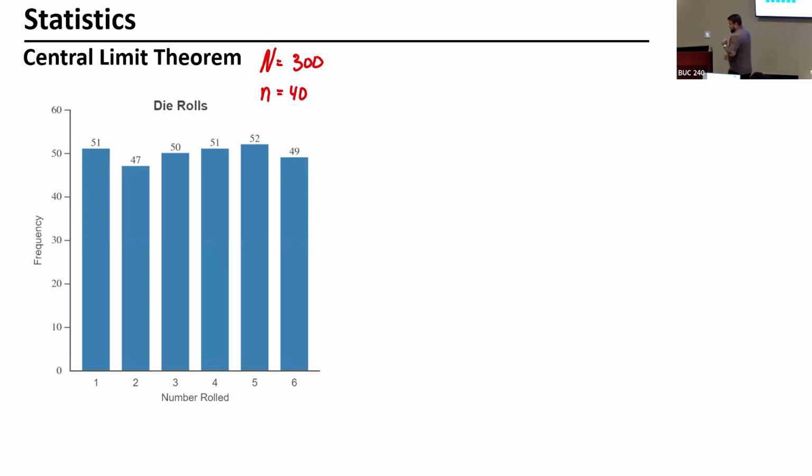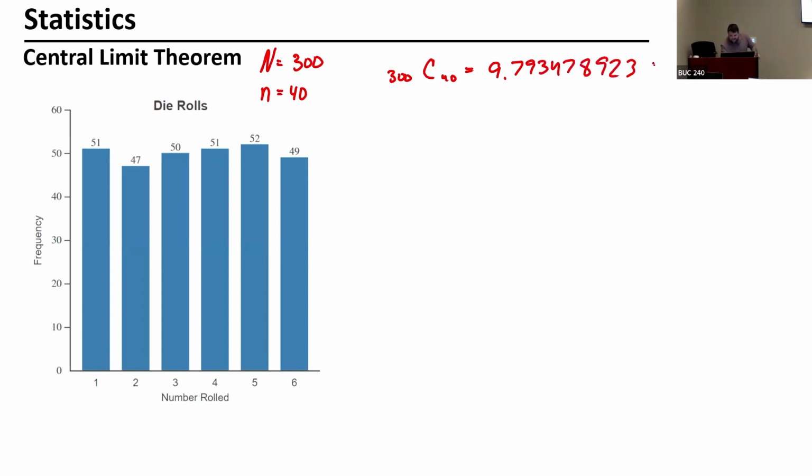But I will tell you this, that if you decide to take all of the possible samples, for this one, it would turn into 300 choose 40, which is 9.793478923 times 10 to the 49.